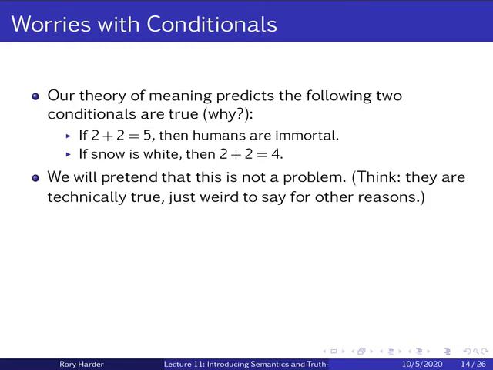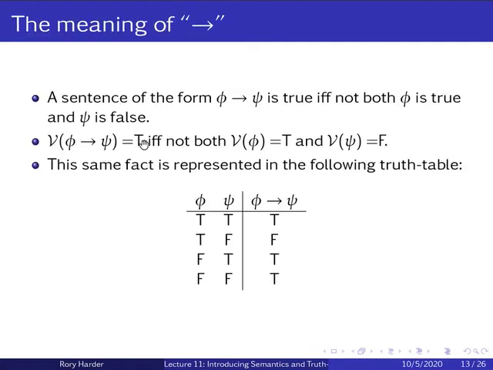And despite that these are very strange things to say that are true, we're going to pretend that this is not a problem. And this arises from the simplicity of our model. So what you can do is you can just think that these claims are technically true, but they're just weird to say for other reasons. And that's how you can kind of keep our theory of meaning of the conditional as relatively plausible.